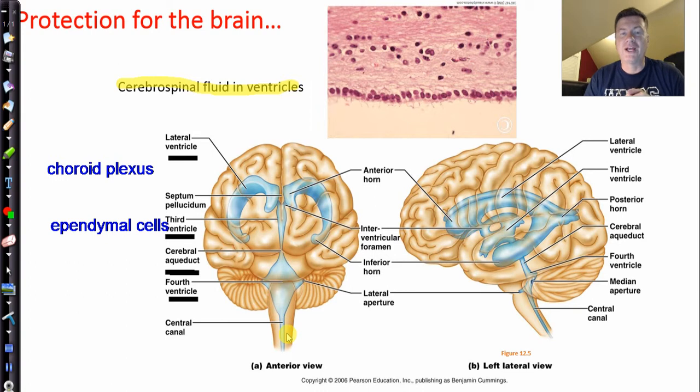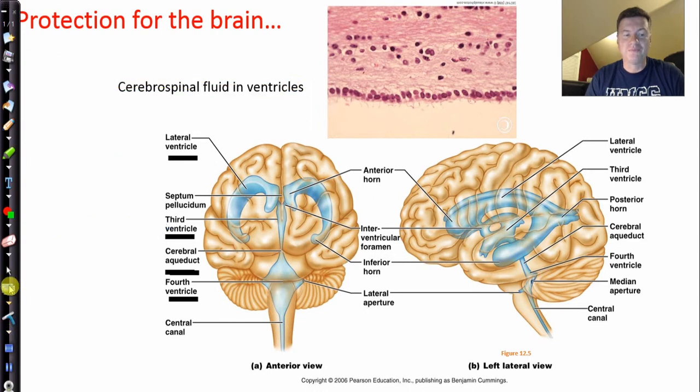And remember, the subarachnoid space is going to be between the arachnoid layer, the arachnoid mater, and the pia mater. So we make this fluid, and because we keep pushing it out, keep producing it, we get a pulse pressure that pushes the fluid from the ventricles through the aqueduct, through the fourth ventricle, and down around the spinal cord and through the spinal cord.